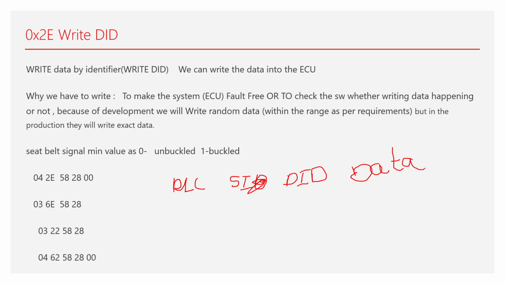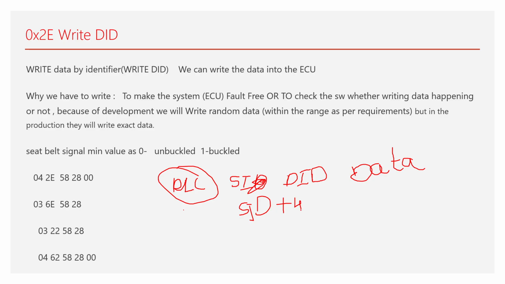This is the format we get from the positive response. What is the positive response for this service ID? It will have DLC and service ID plus 40. What is this plus 40?